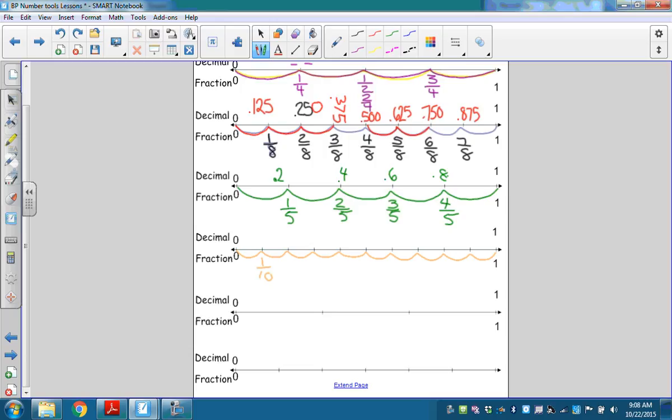Is that what you mean? So you mean 1/10? Yeah, like that, 0.1, right? And this would be 2 tenths, 3 tenths, 4 tenths, 5 tenths, 6 tenths, 7 tenths, 8 tenths, 9 tenths, right? That's an easy one. And the decimals, 2 tenths is the same as a fifth, right?